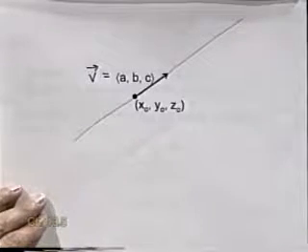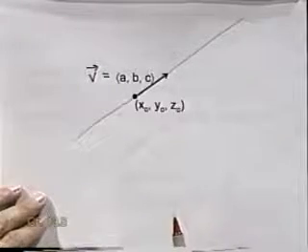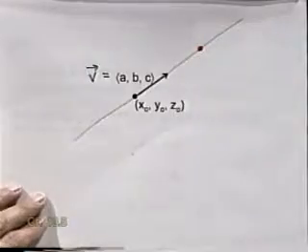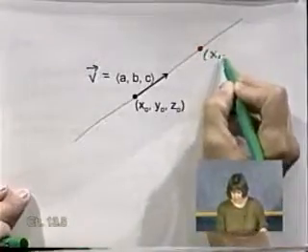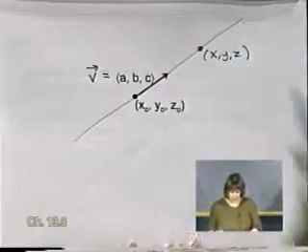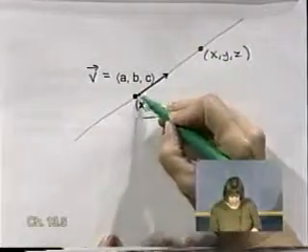Now, to derive what the equation of this line should be in three-dimensional space, pick any point at all, some general point, and let's call this general point x, y, z. Let's look at the vector that's going from the particular point that we know is on the line to this general point, and let's draw it right here.